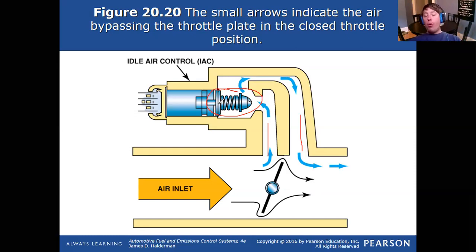You're not pulling on a cable and mechanically opening the throttle plate any longer. And so now, since you have a computer controlling an electric motor on the entire throttle plate, if the computer decides that it needs more air, it's just going to open that throttle plate and let more air come in. It doesn't need a bypass circuit any longer. Make sense?